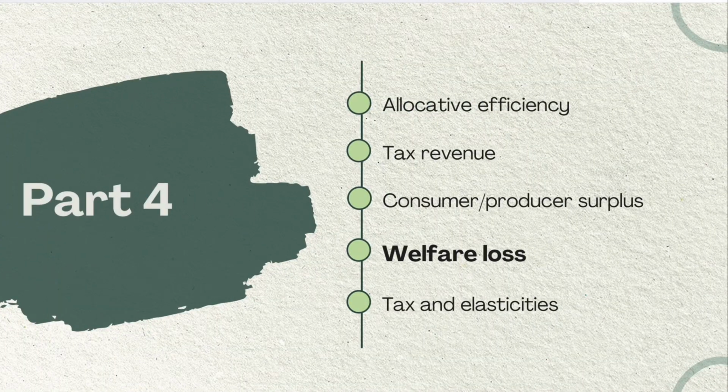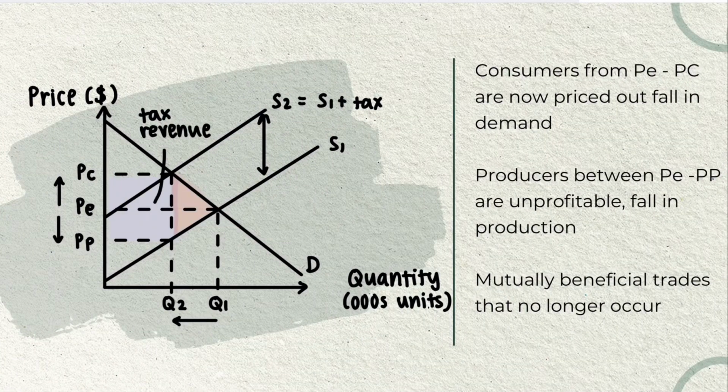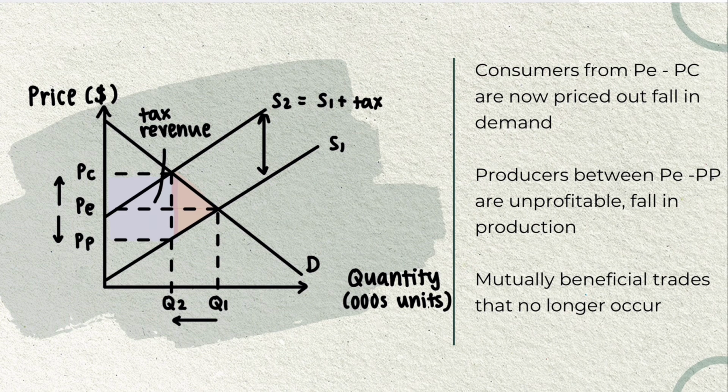Now moving on to the welfare loss. In the case for consumers, the consumers that were only willing to pay a price of PE are now completely priced out of the market, which results in a fall in demand. And at the same time, the producers that were willing and able to produce at PE will either lack incentive or find it unprofitable to receive revenues at PP.